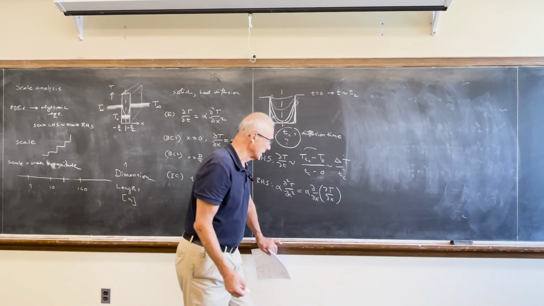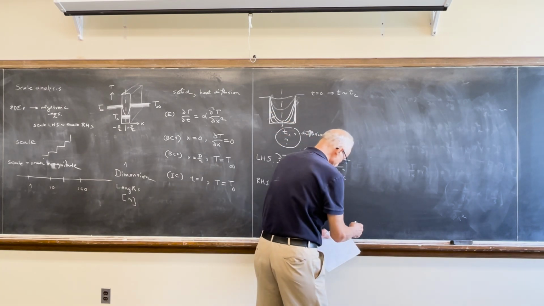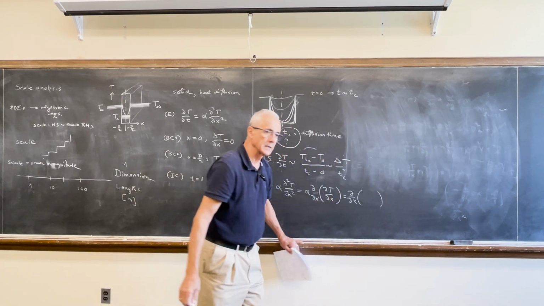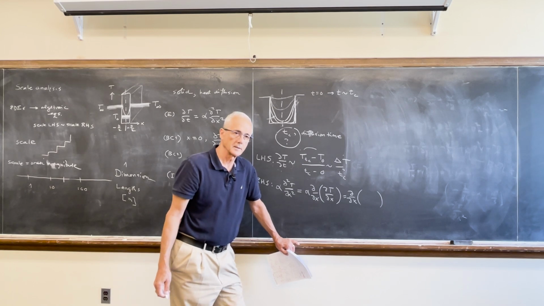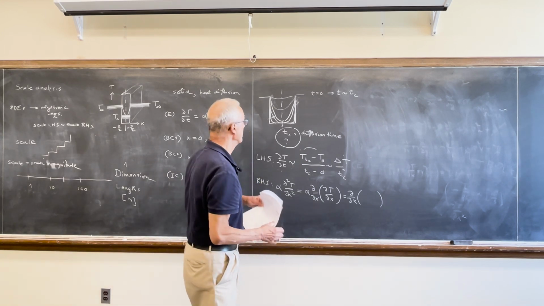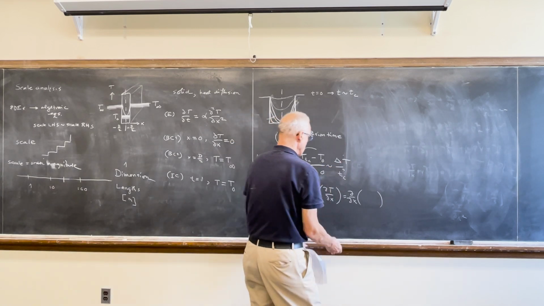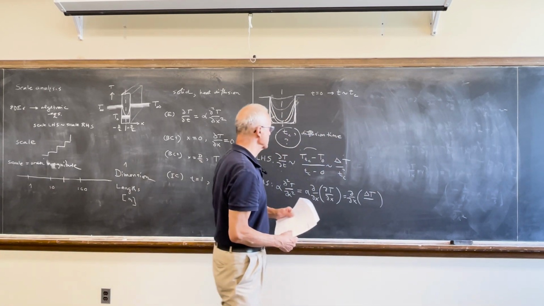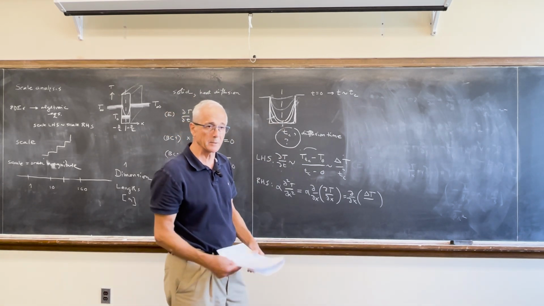Next, I leave the front intact. The order of magnitude of the guts, the temperature gradient from the side to the interior, is obviously delta T over the distance of thermal penetration, which is capital D divided by 2.